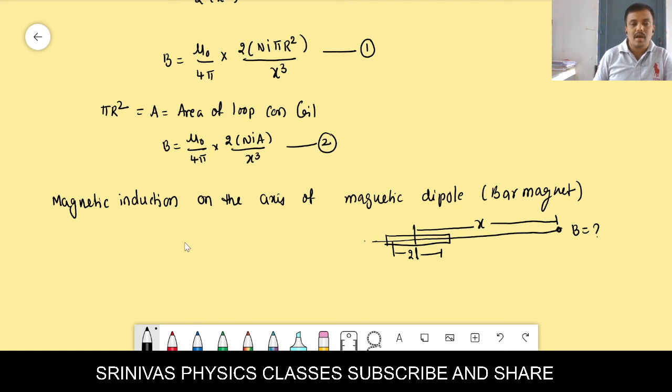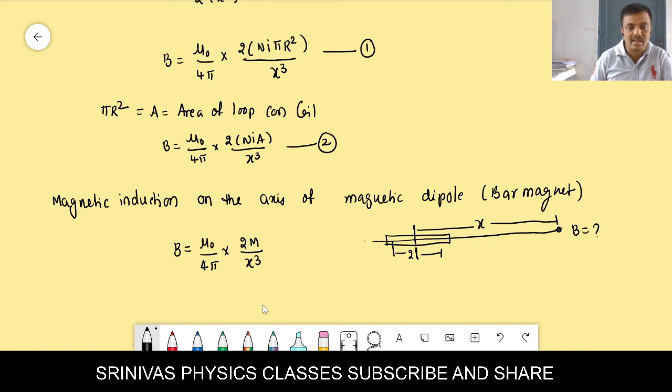Then how to write the magnetic field formula? There is a formula: B is equal to mu naught by 4 pi into 2M by x cube, due to a bar magnet at a distance x.